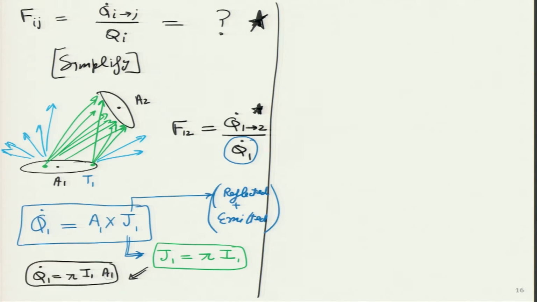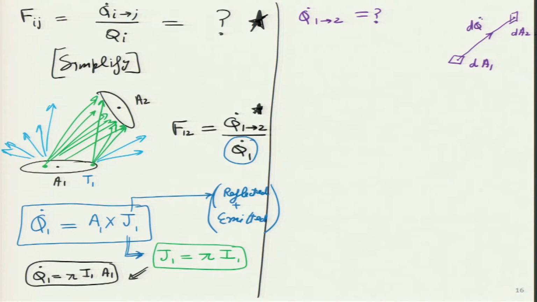Now, I want to calculate the value of the green part, which means, how do I get the expression for q dot 1 to 2? So, I will ask a question to the student: if these two areas were very small, as a matter of fact, if it was not area A1 but differential area dA1, and this was differential area dA2, can I then find this particular value of dq dot?